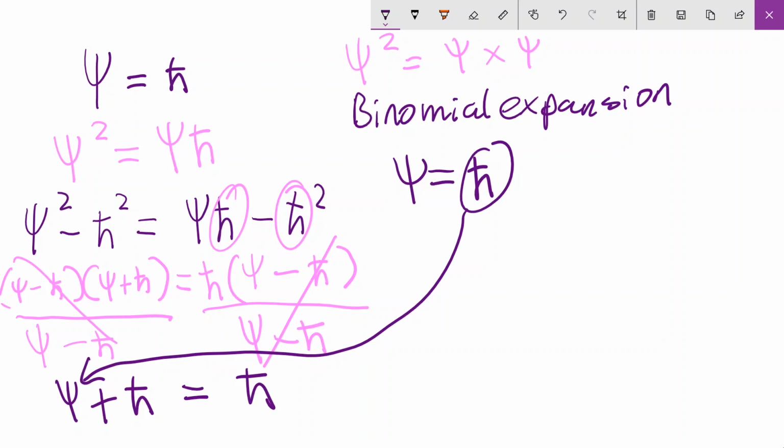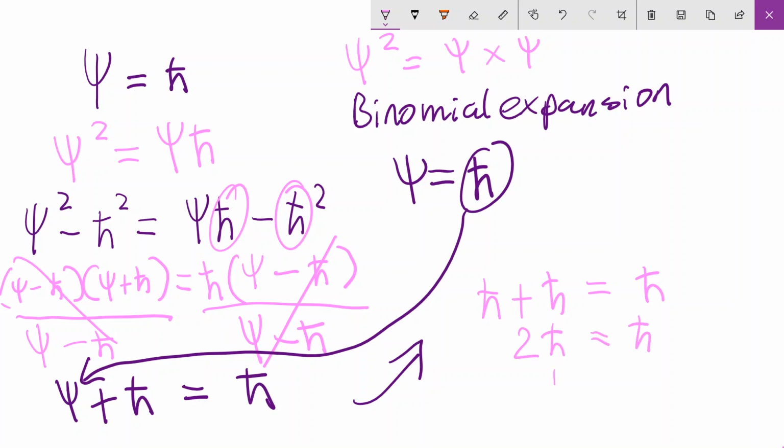So that into that, and we get, let's use pink real quick, Planck's constant plus h bar equals h bar. h bar plus h bar equals h bar. How's that possible?